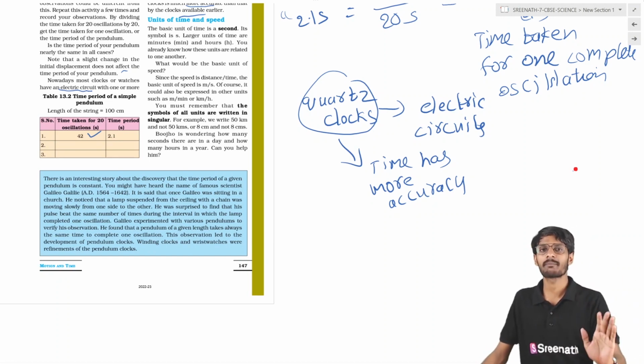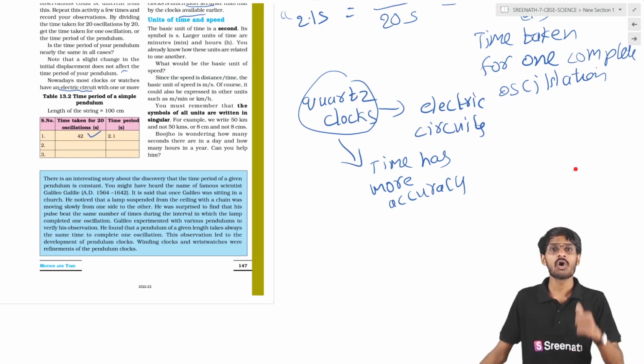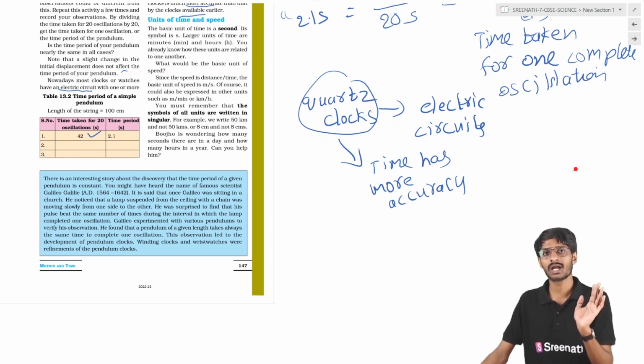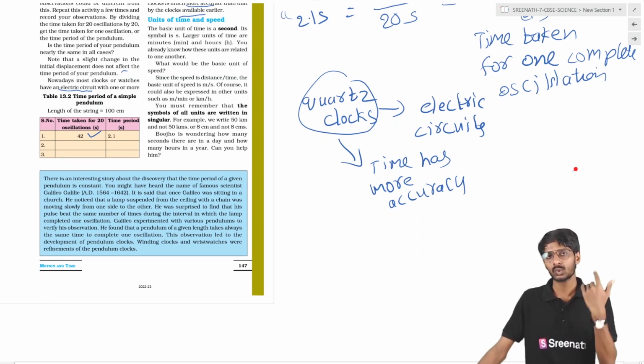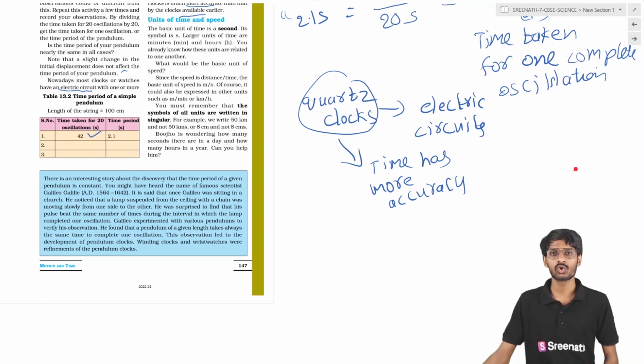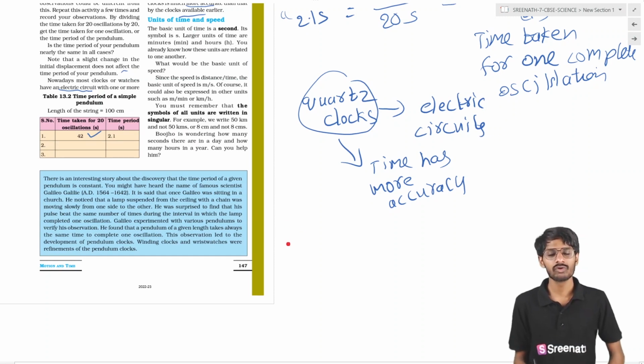Go to a shop and ask for a milk packet. Then they will surely ask how much quantity you want, whether you want a half-liter packet, a 200 ml packet or a 1 liter packet. By doing that activity, you came to know that we measure milk in liters.